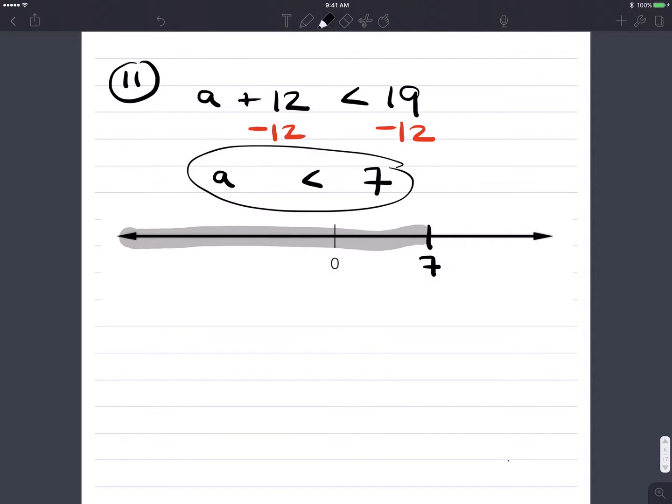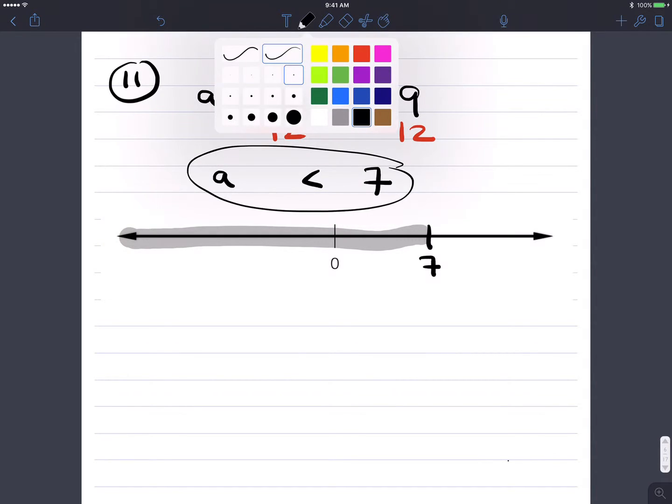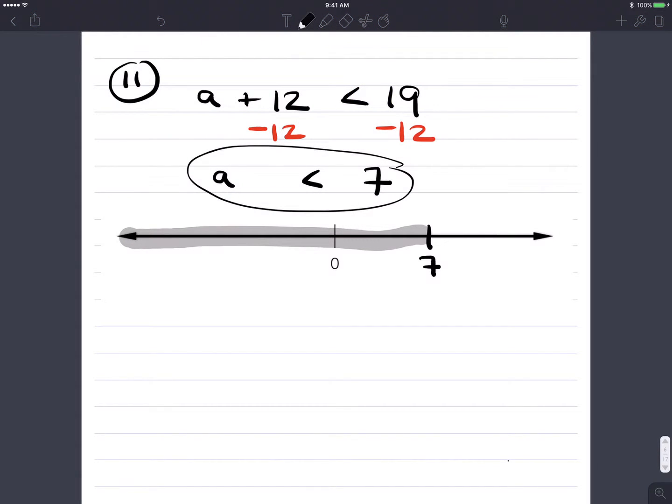This describes the graph. Because we do not include 7, we're going to use the parenthesis sign. That communicates to the reader, simply do not include the value 7. This is the graph.